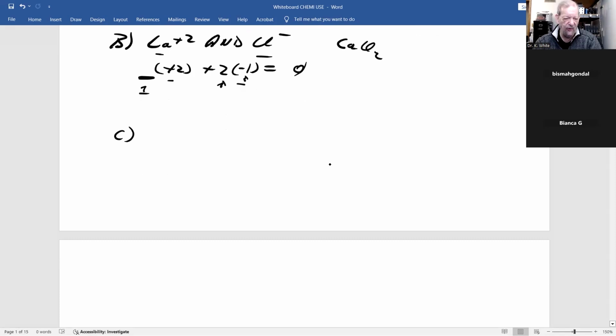And this deals with a polyatomic ion. That's where you have two or more atoms that are bonded together in an anion or cation.